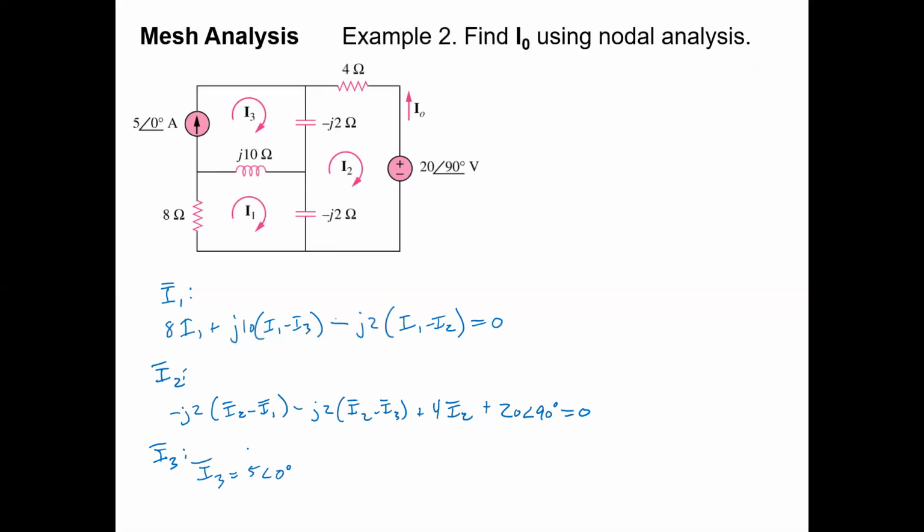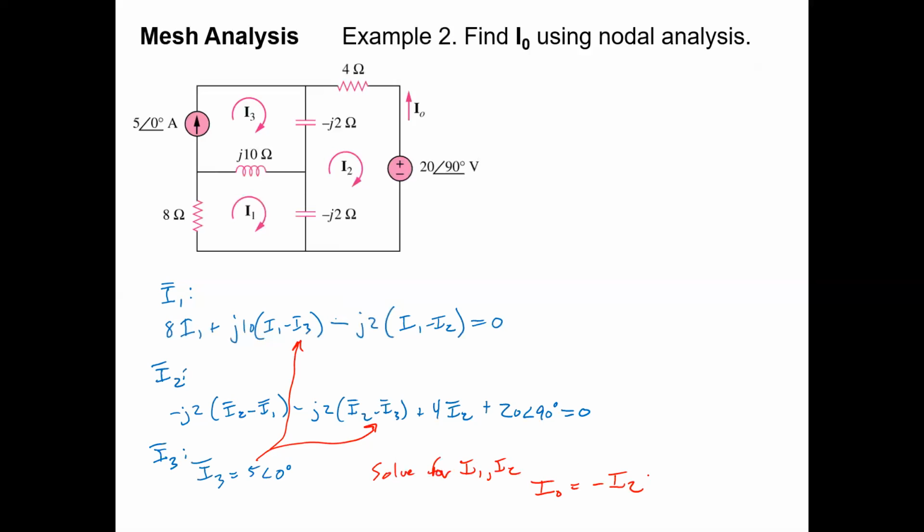That's the current source in an outer mesh. And then you can use that to substitute out one of these variables. Because it's really sort of by inspection, right? You can get rid of that one and that one. And I0 is what? Yeah. I0 equals minus I2.